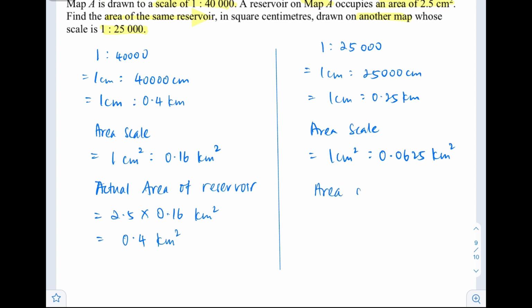So the area on the new map must therefore be equal to 0.4 divided by 0.0625. And when I press the calculator, I will get 6.4 cm squared. So in other words, on the new map, the area of the reservoir is 6.4 cm squared.